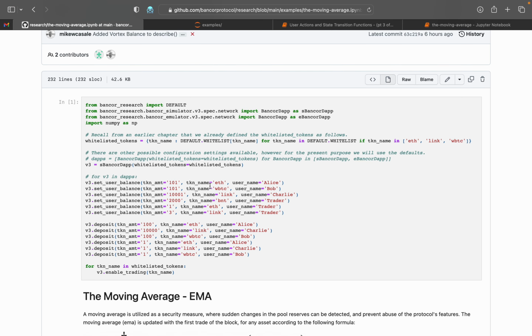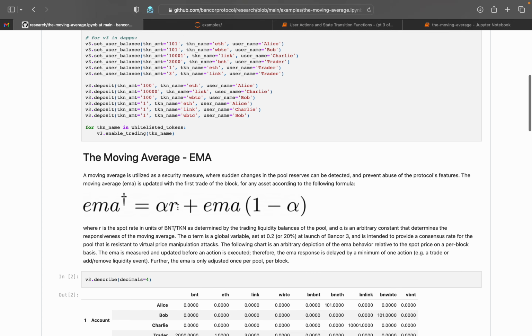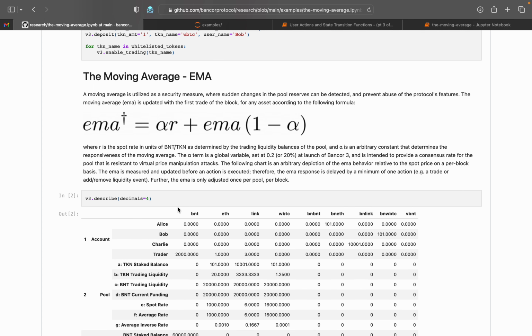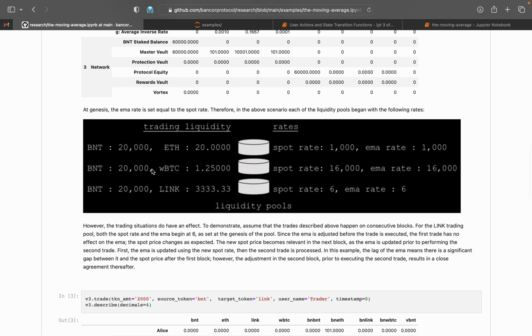So we set up the system to match what's described in the document, and then go through the calculations which will generate these balances that you see.